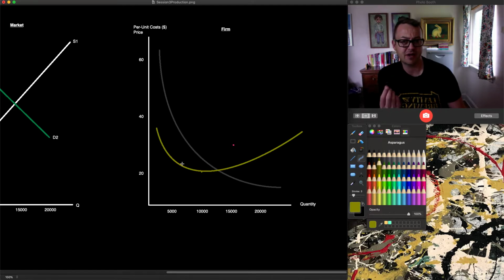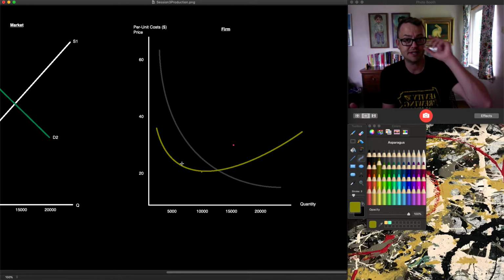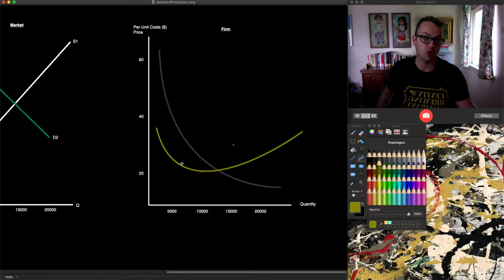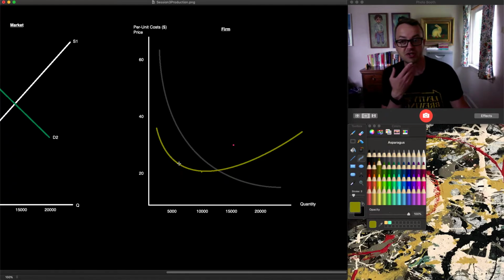This is as you start to scale up, you hire more people. Those people can specialize in different aspects of production. Overall, you become more productive as a firm. Not in each individual. Each individual is simply specializing. So you're getting some gains to specialization in that your variable costs distributed across production are falling.